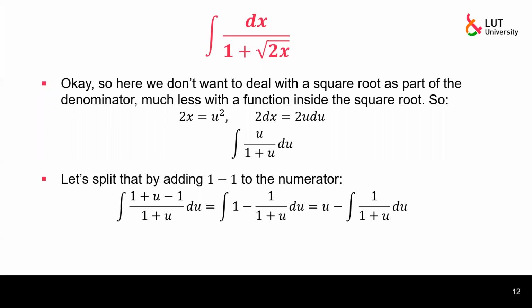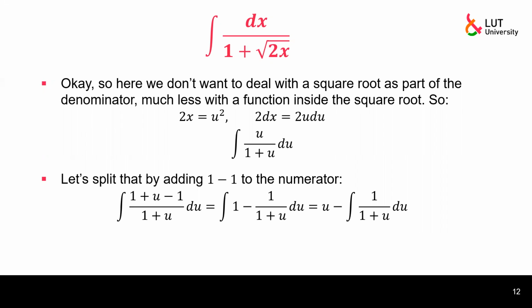Well, we get 1 plus the square root of u squared, which is 1 plus u, in the denominator. We'll split that. Let's add 1 minus 1 to the numerator, so we get 1 plus u divided by 1 plus u, which is 1, minus 1 over 1 plus u.